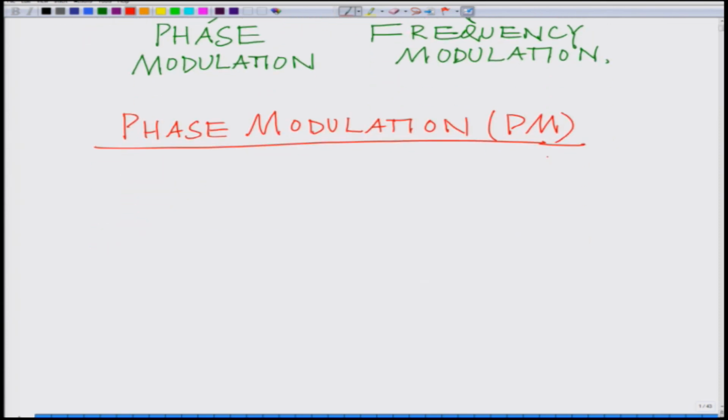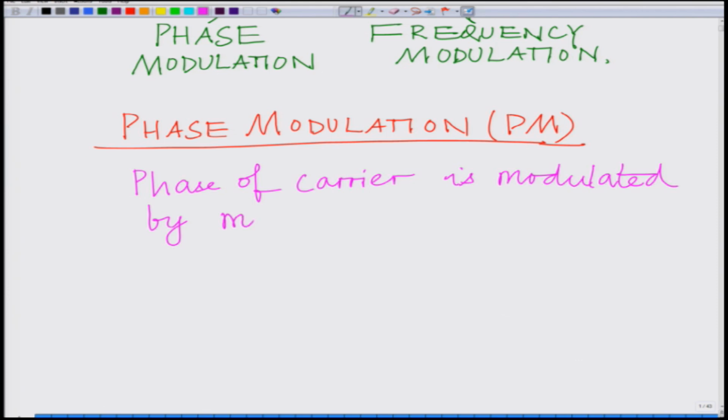In phase modulation, as the name implies, the phase of a carrier is modulated, or varied, by the message signal.